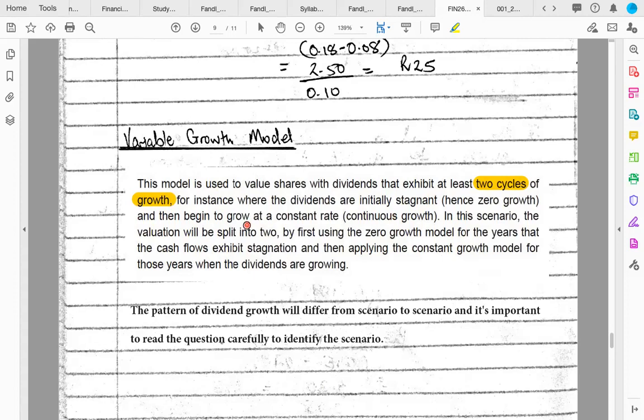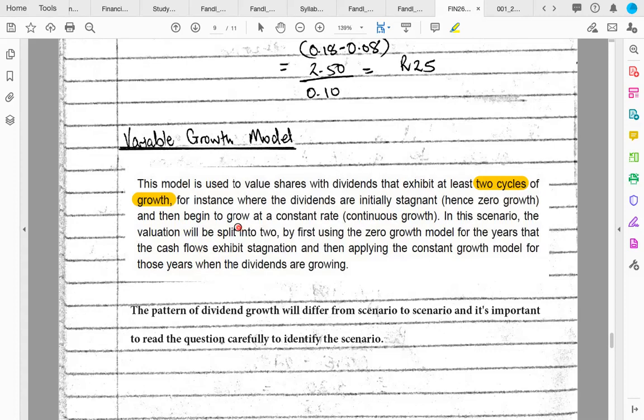Maybe for the first 2 years, it will be no growth. Then for the next 5 years, it will be 3% growth. Then for the next 3 years, it will be 7% growth. So you now have different growth rates applying over a different number of years before the dividends settle off to a constant growth rate forever.